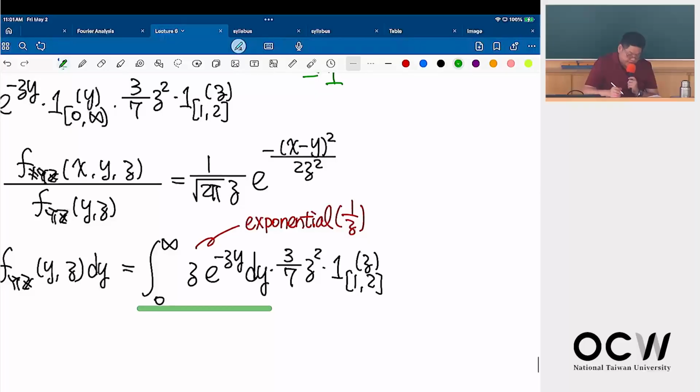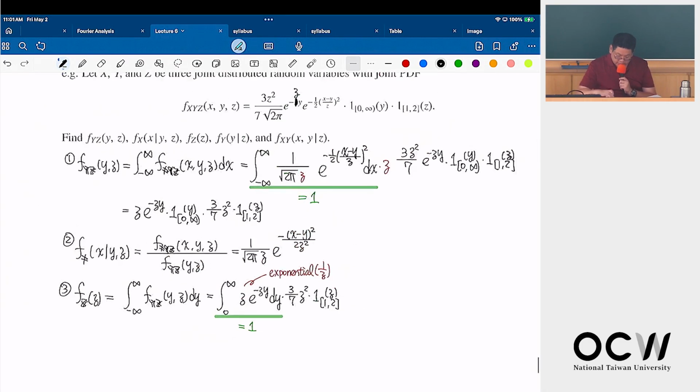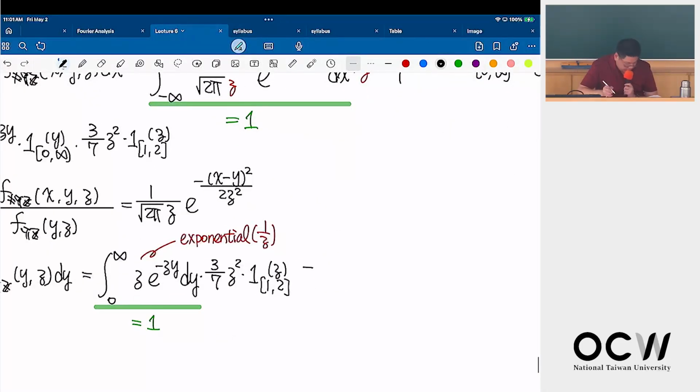So this integration from 0 to infinity will be 1 from the property of your PDF. So you get 3 over 7 times z squared, and 1, 2 for the z.